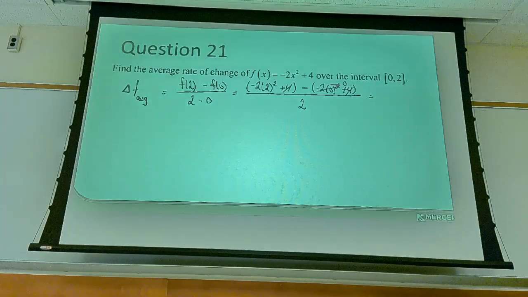Times negative 2. And then negative 8 over 2. Average rate of change is negative 4. Right, you could also just evaluate what f of 2 is, which is negative 4. F of 0 is 4, so you wind up with negative 4 minus 4, negative 8.